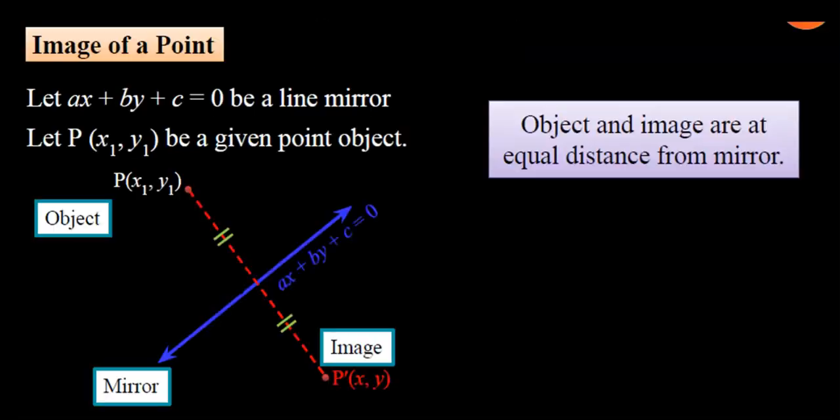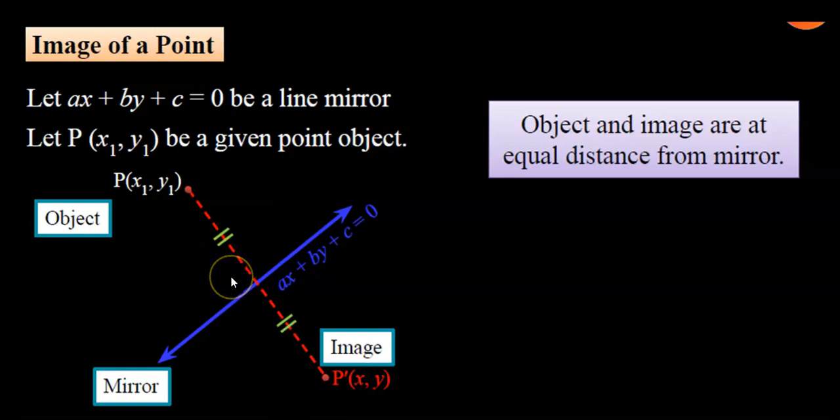Now we go to the next concept, which is called image of a point. What do you mean by image of a point? Take this line ax plus by plus c equal to 0. You consider this as a plane mirror, and this is an object which is placed in front of the mirror, P(x1, y1). Where will the image of this object be formed? It will be behind the mirror at the same distance as the object distance.